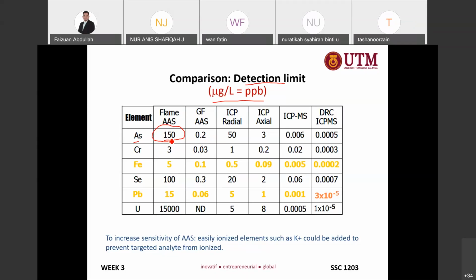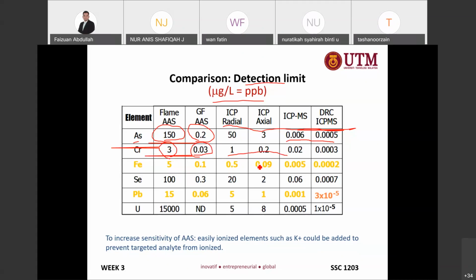So for arsenic, if using flame, we can detect 150 ppb, and if the concentration is lower than that, we cannot detect it by flame, but it can be detected by graphite furnace, at 0.2 ppb. This is ICP radial, ICP exit, another instrument. We can see that this instrument is better for arsenic, at 3 ppb, better than graphite furnace.